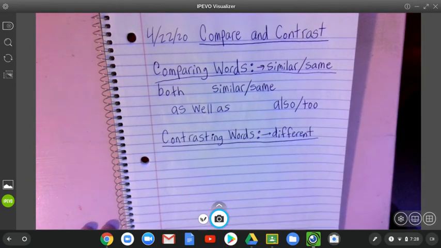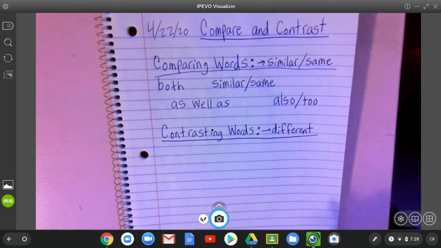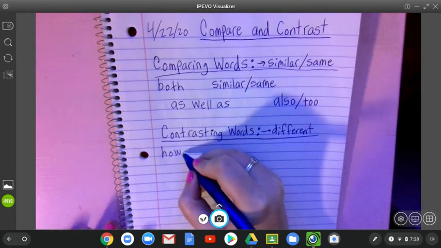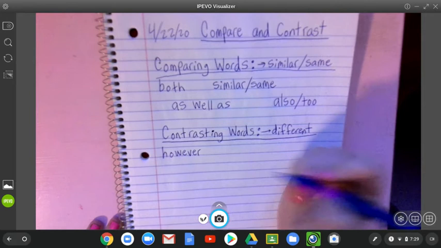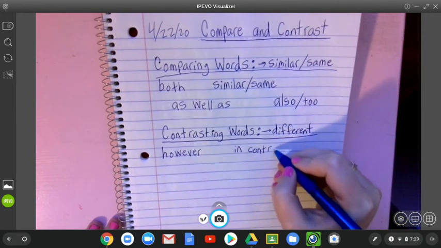I have long hair, you have short hair. Whether you actually do or not, we're just going to use that as an example. So you can say, I have long hair, however, you have short hair. In contrast, you have short hair.